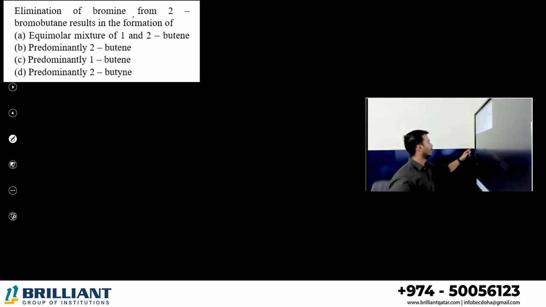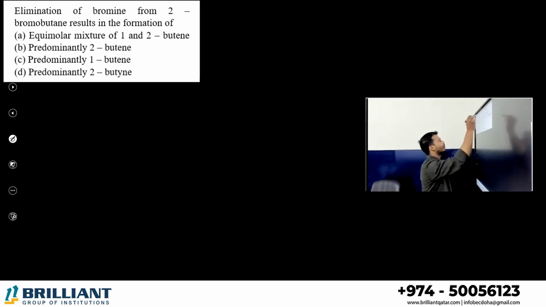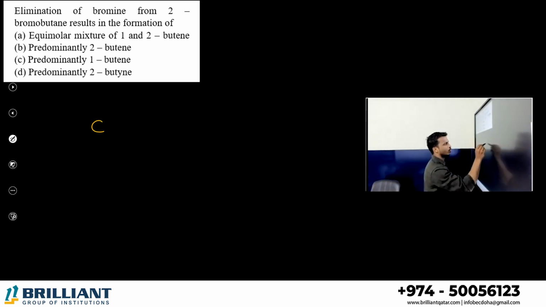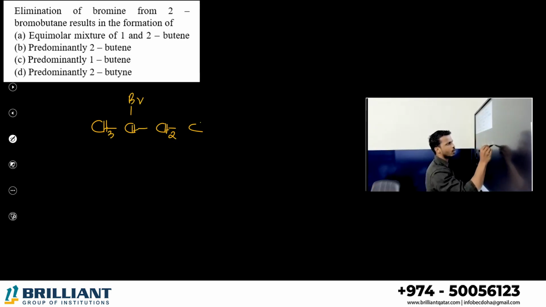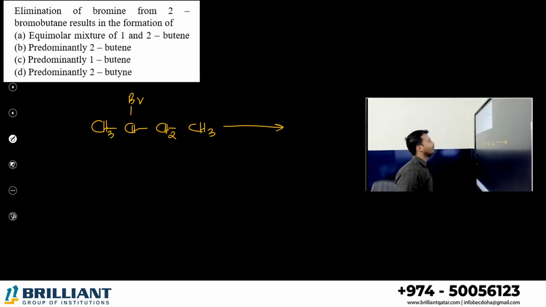Okay, next one. Elimination of bromine from 2-bromobutane results in the formation of what? This is the compound 2-bromobutane. We want to eliminate bromine.